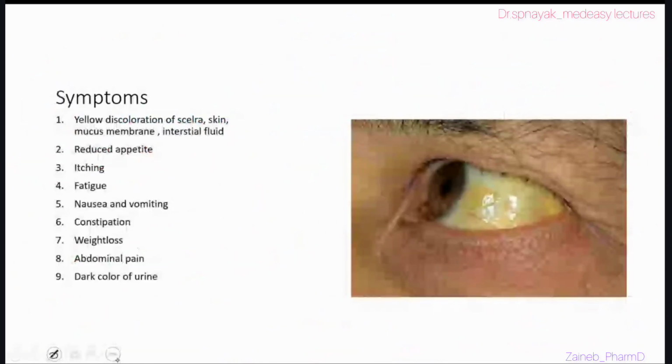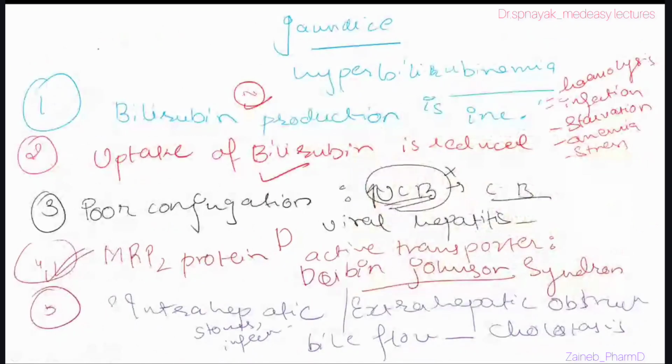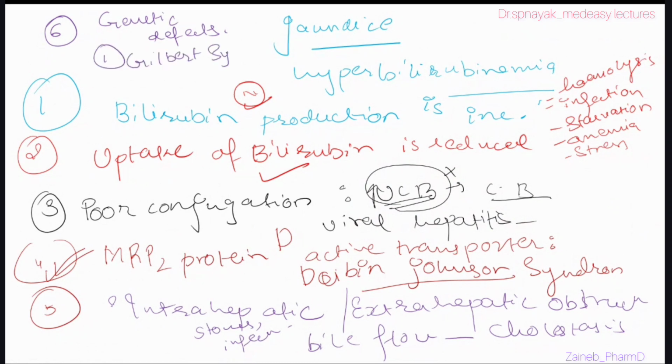The sixth mechanism is that it occurs due to genetic defects. What are these genetic defects? First is Gilbert syndrome. What happens in Gilbert syndrome?